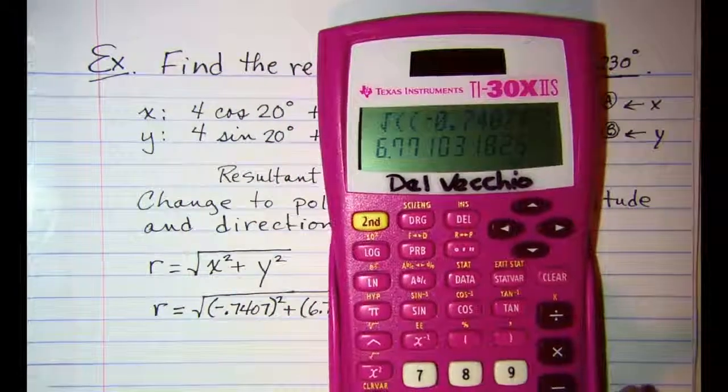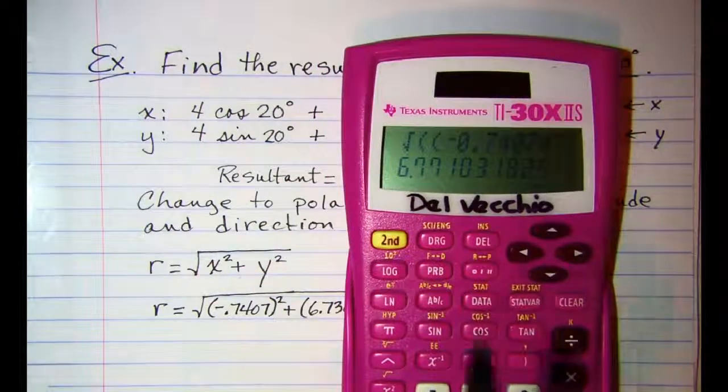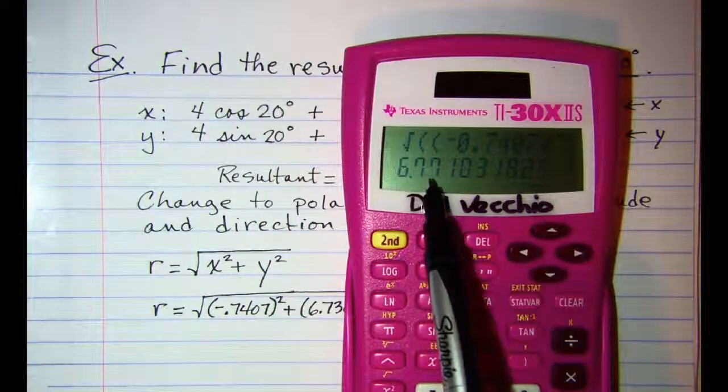So the magnitude of my resultant vector is about 6.77.